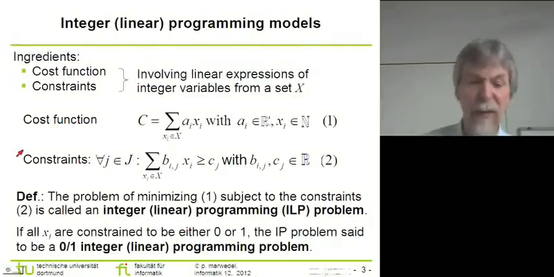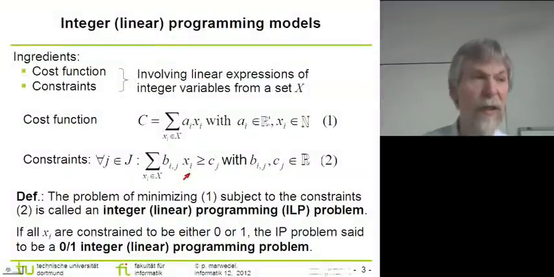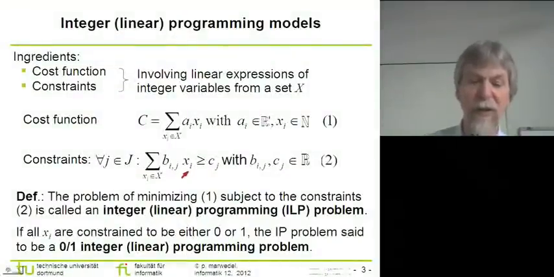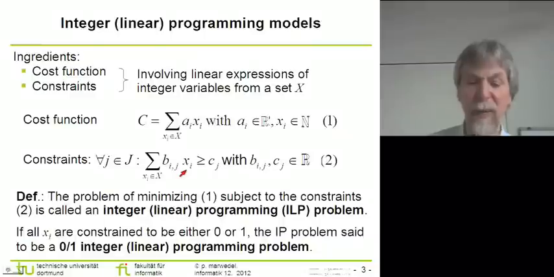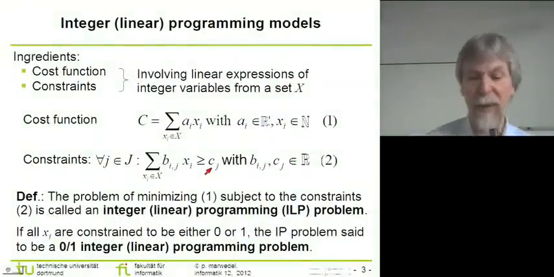And then the second type of ingredient is a set of constraints, where for each constraint, that means for each j from some set, we again have a function which is linear in terms of these variables, and this linear function then has to meet some constraint which is a constant constraint.